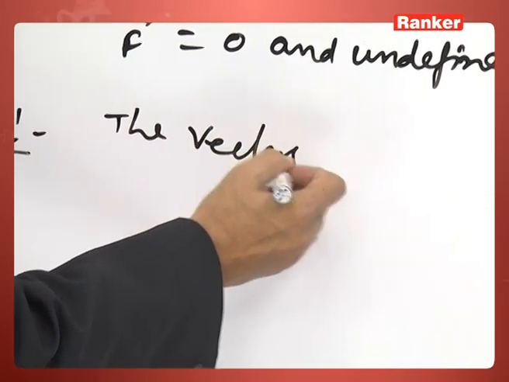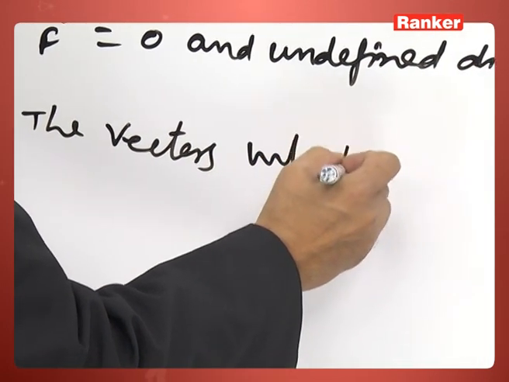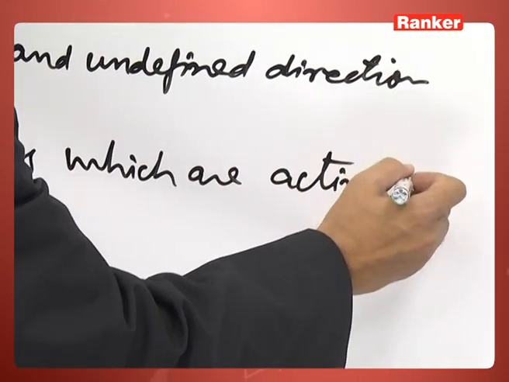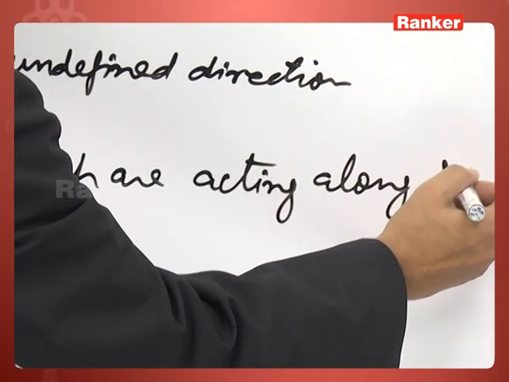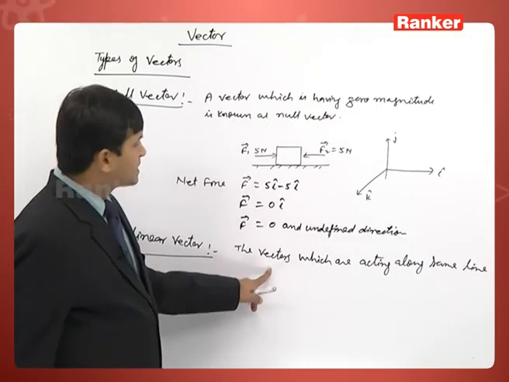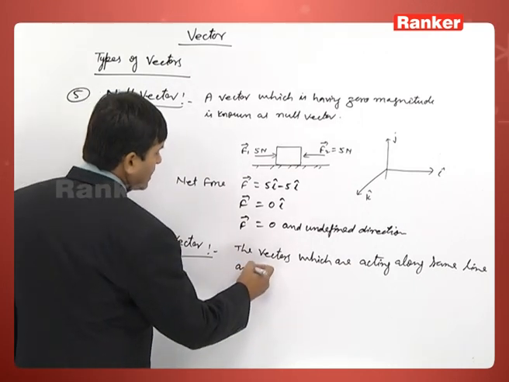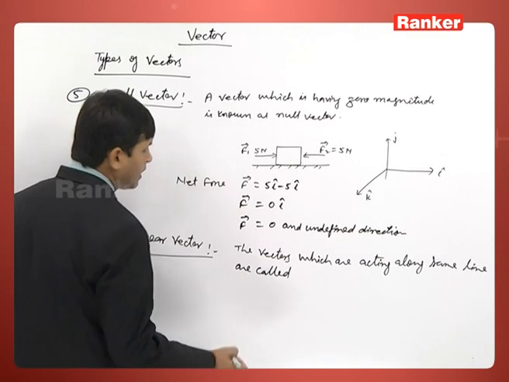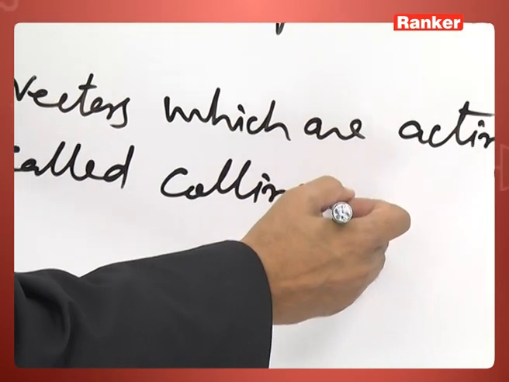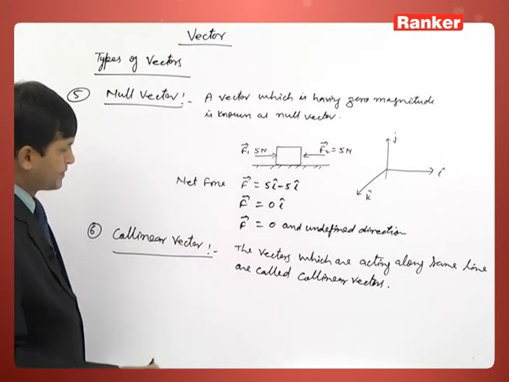As the name suggests, the vectors which are acting along the same line are called or known as collinear vectors.